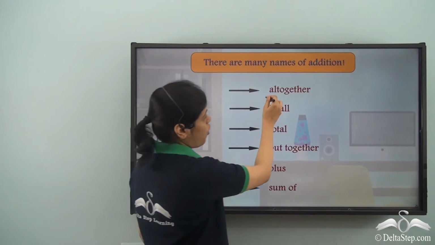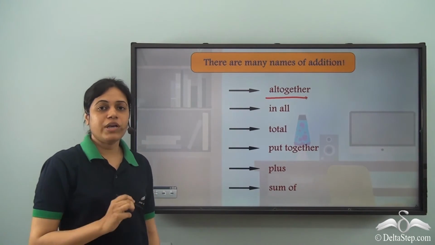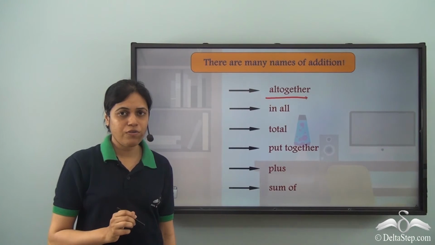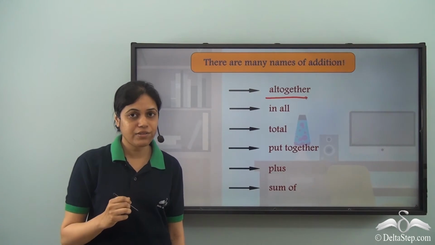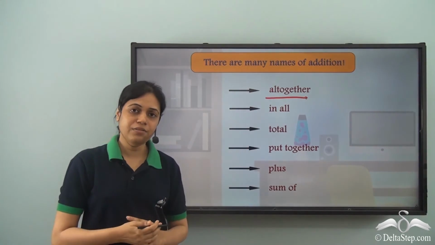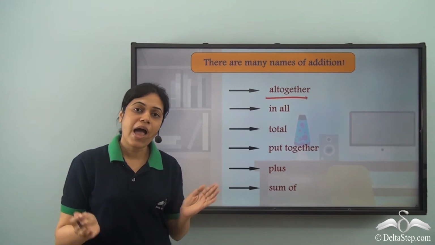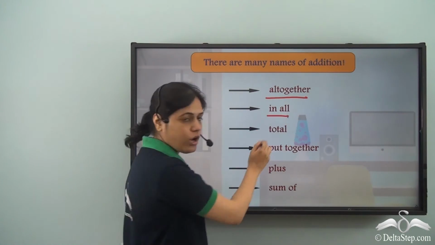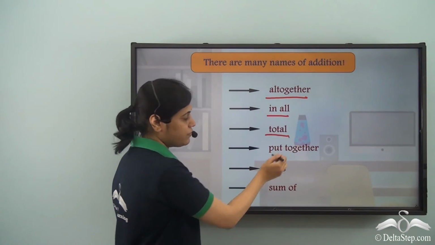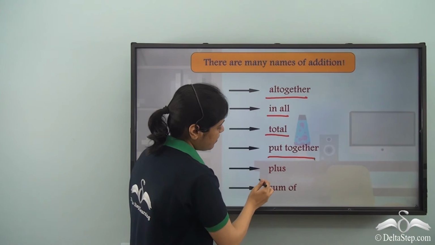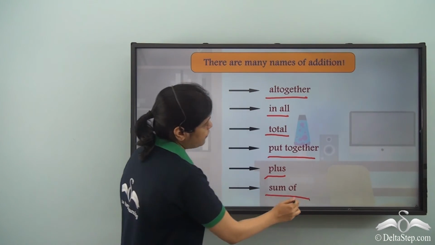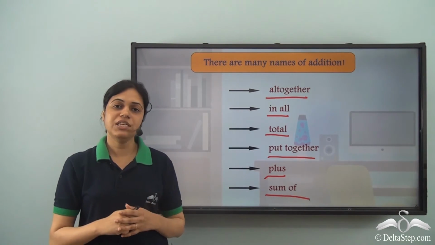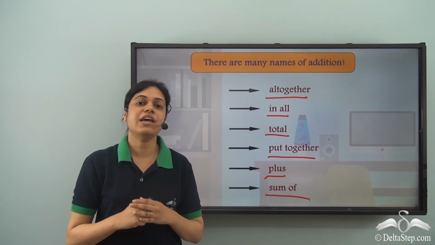Names like altogether. In the very first question that we solved, we were asked altogether. So if you see altogether, it means we need to add the two quantities. There are words like in all, total, put together, plus, sum of. So each of these words indicates addition.